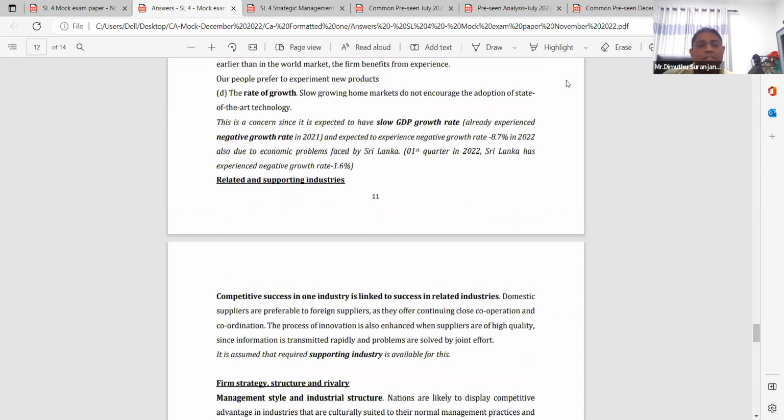What about related and supporting industries? Yes, there are some related and supporting industries. For example, we can find medicine supplies very easily. Some of the plant supplies are very easy in Sri Lanka. Even at village level, there are some people who search even jungles and find the required medicines.